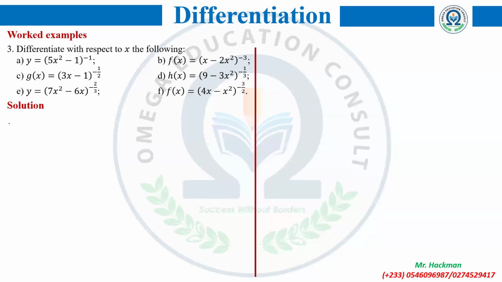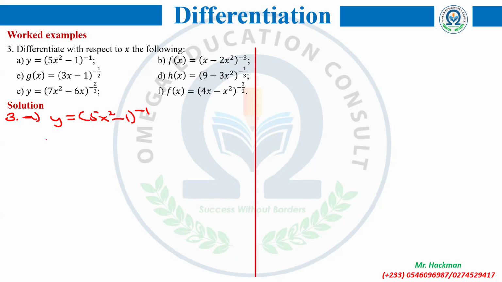Yes, please. So now write your major question number, then you come to your minor question number A. What are we given? Y is equal to, in brackets, 5x squared minus 1, all to the power minus 1. So we are dealing with where your exponent is negative, whether it's a negative integer or a negative rational number.